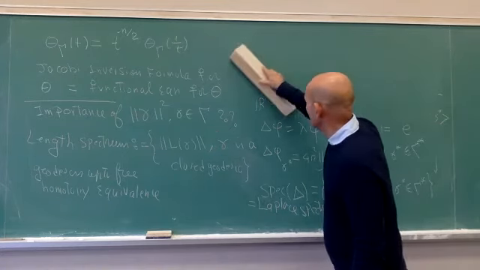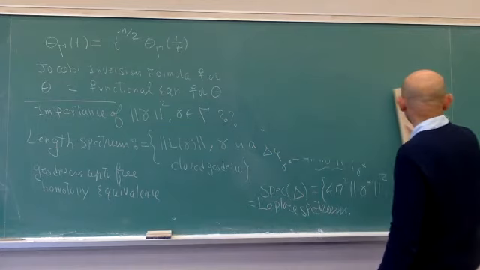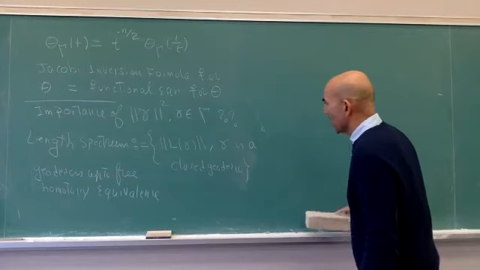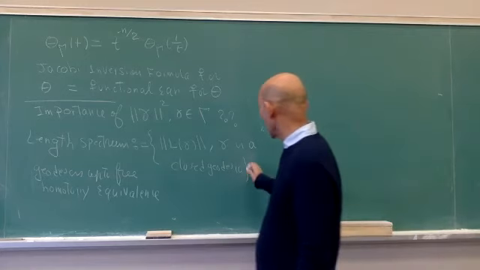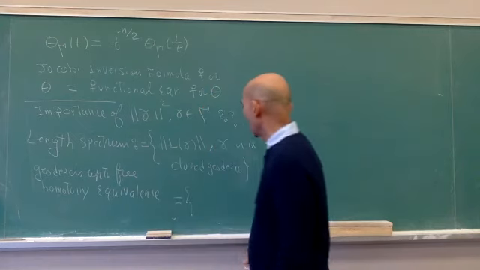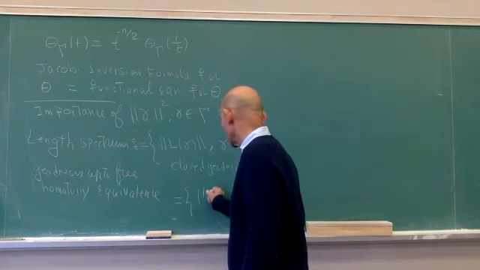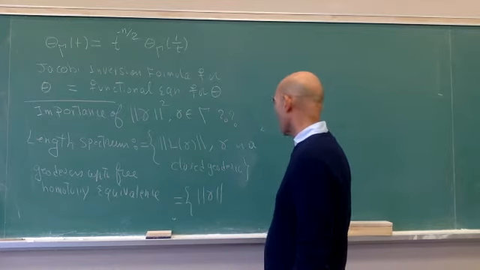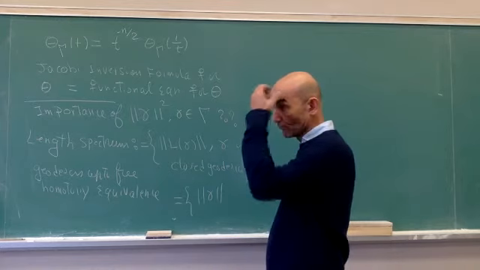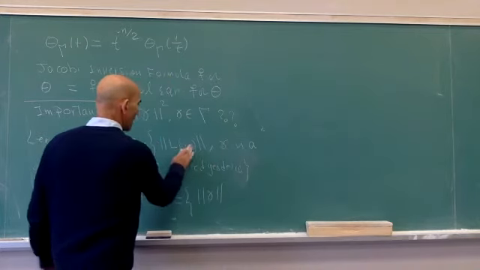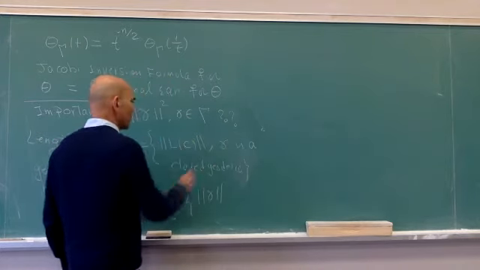Now what we want to do is to understand this. The claim is that this is actually equal to the lengths of gammas. Oh, no, this is a very bad notation. Let me put it like C. I'm sorry.